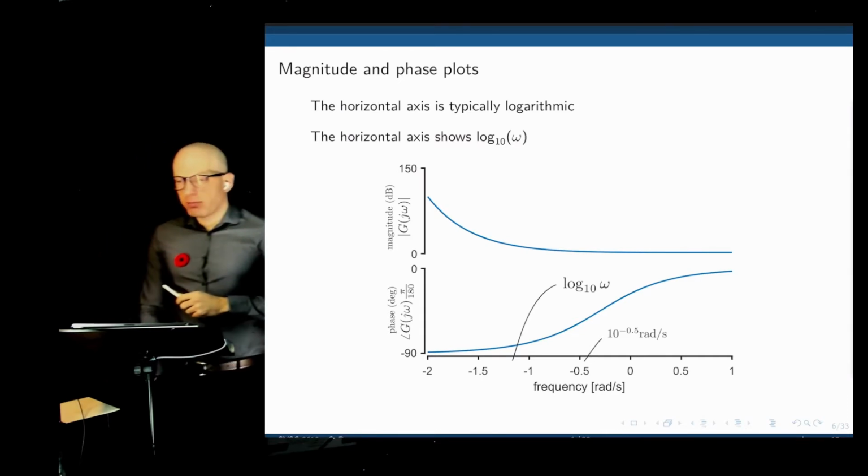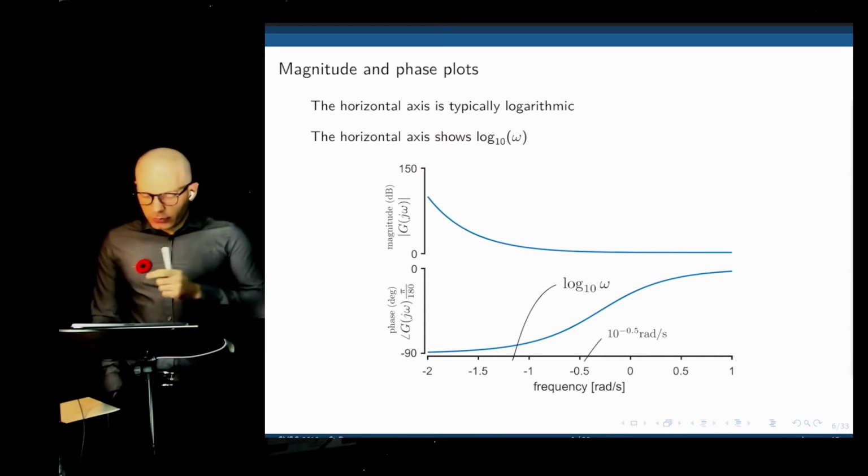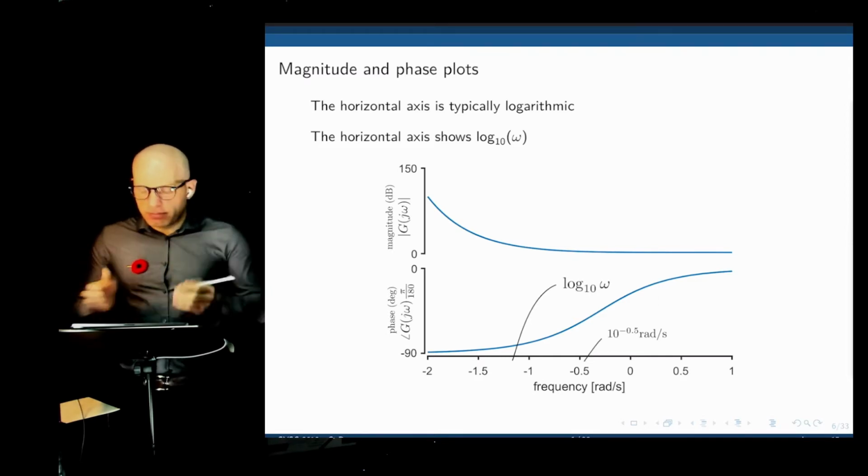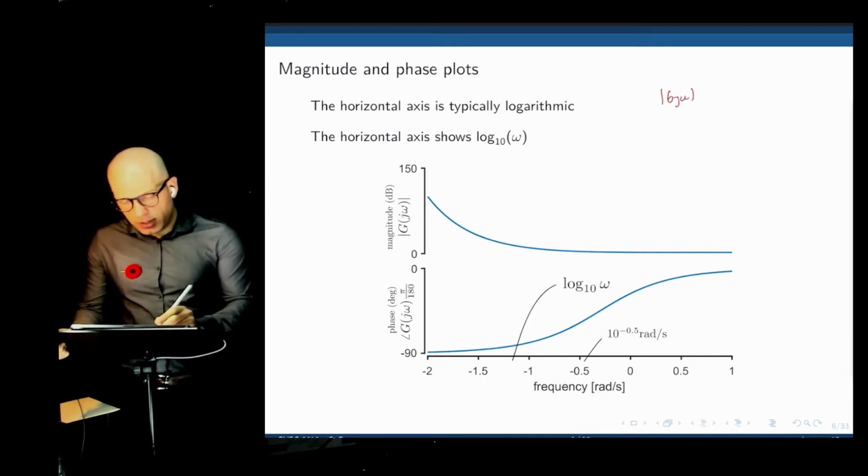So now, both on the y and the x-axis, we have a log scale. Instead of taking simply the magnitude of G(jω), we are taking log 10 of that and displaying the results here.